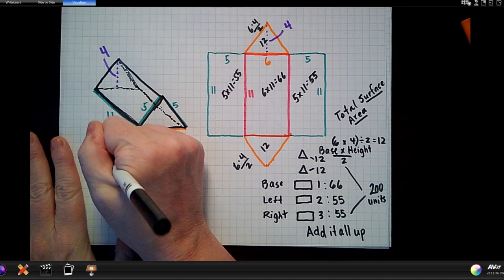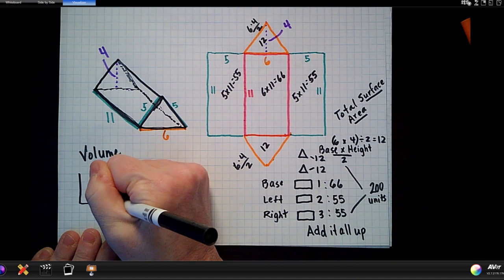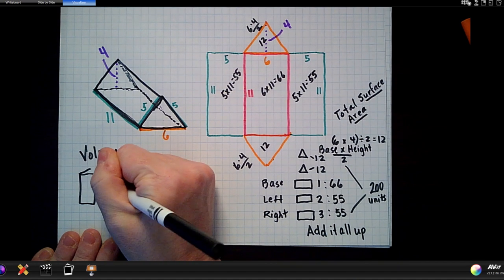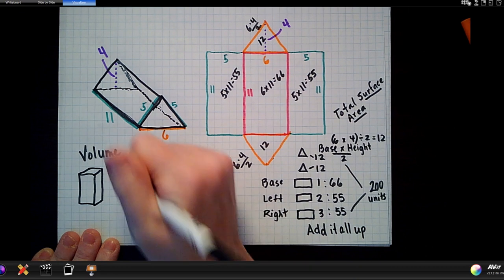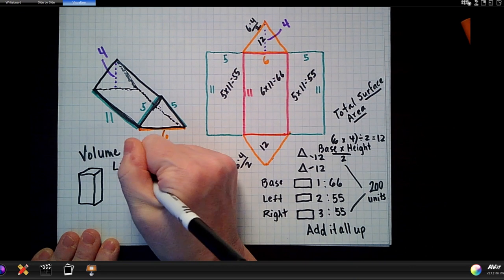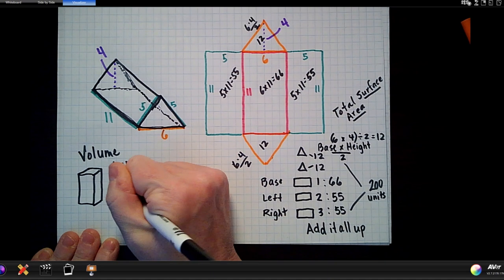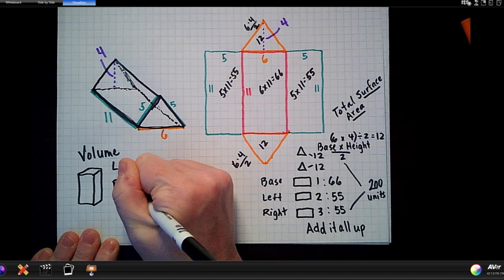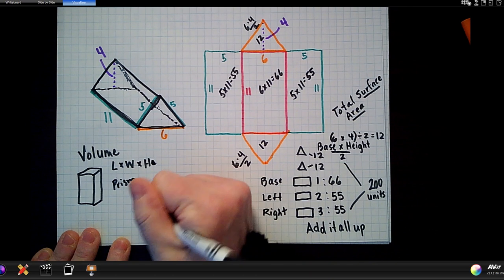Volume is easy. Now, volume of a three-dimensional shape is like finding area, but we're adding a dimension. We're adding a third dimension. Okay, so volume is length times width times height. But this is a rectangular prism. So what happens if we have a triangular prism like this?